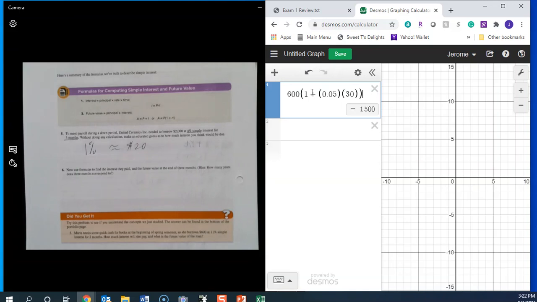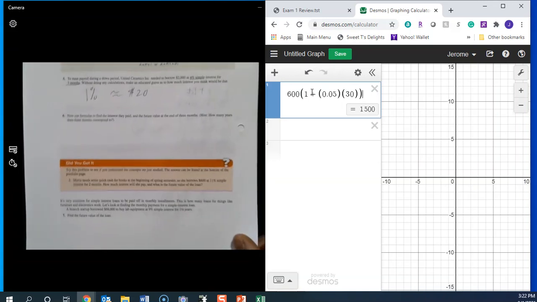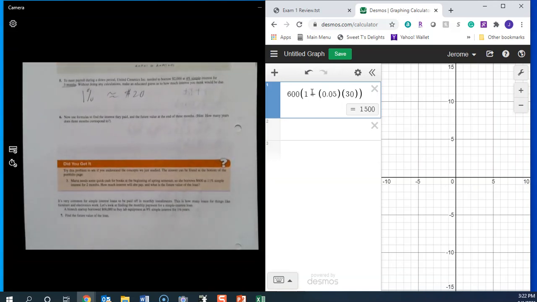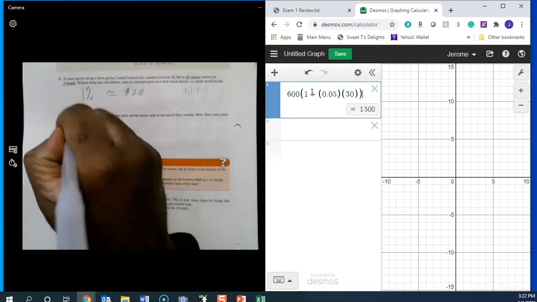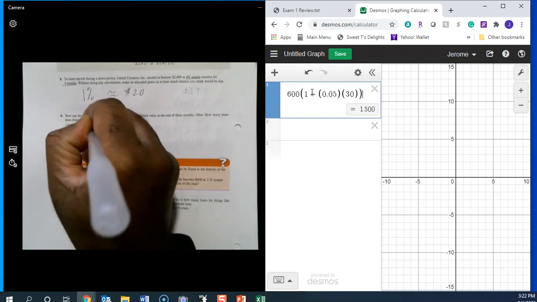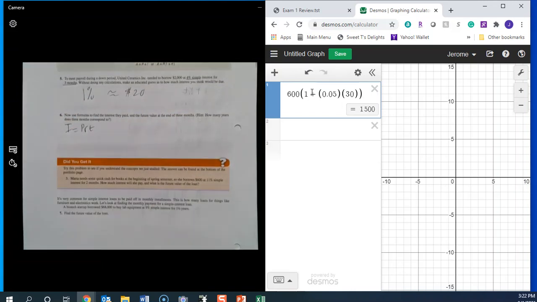Okay, now for number 6, it says now use formulas to find the interest they paid and the future value at the end of 3 months. Hint, how many years does 3 months correspond to? Okay, so first, we have interest is equal to principal times rate times time.